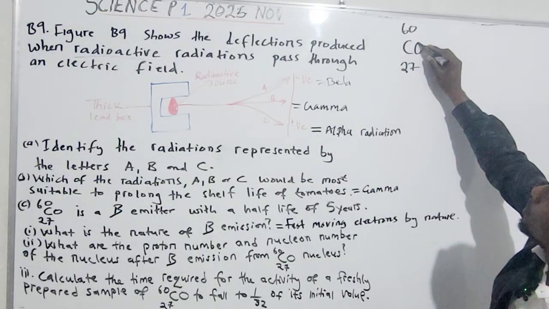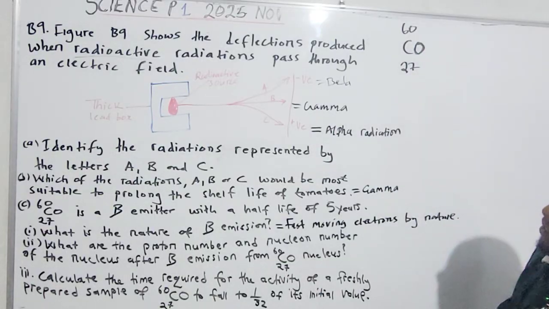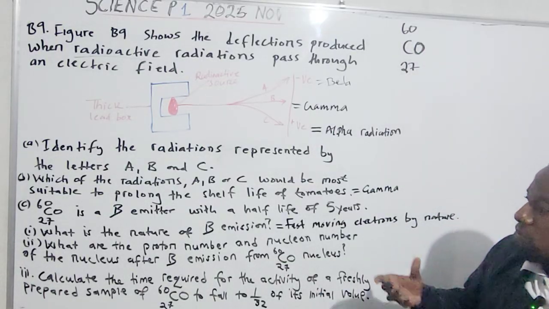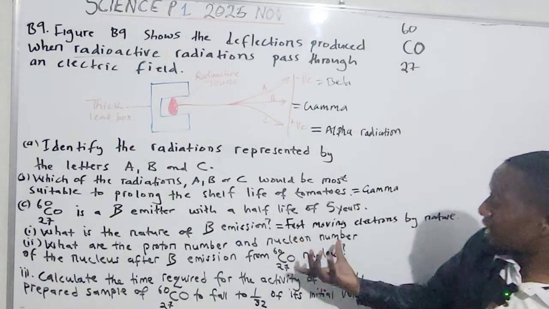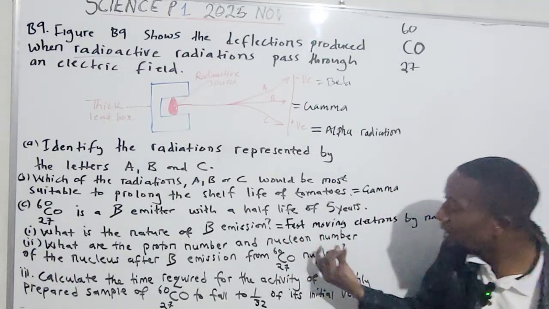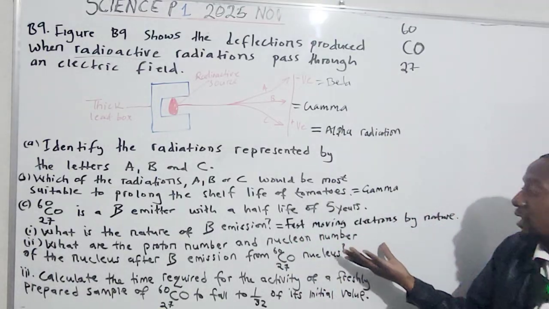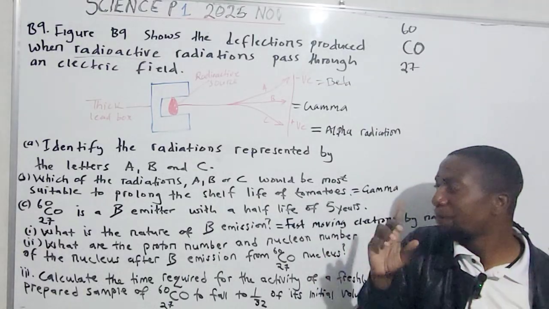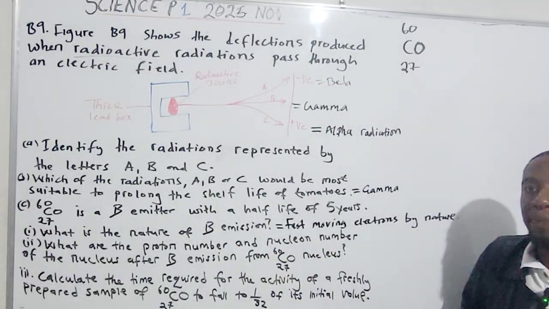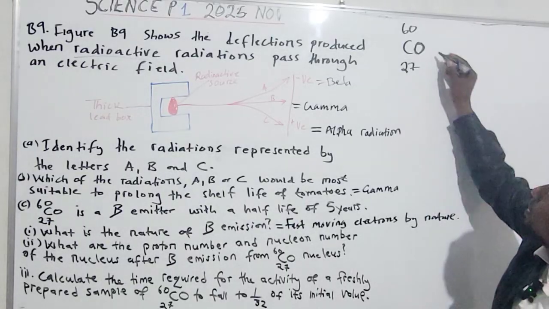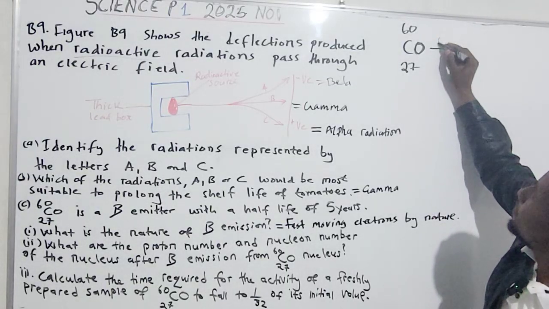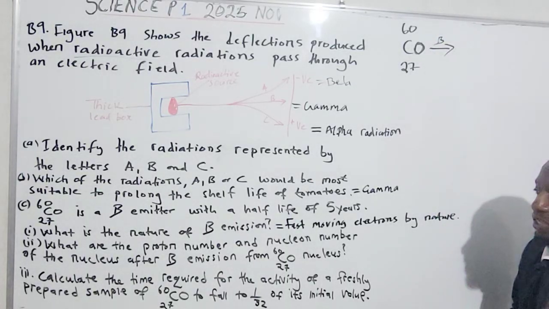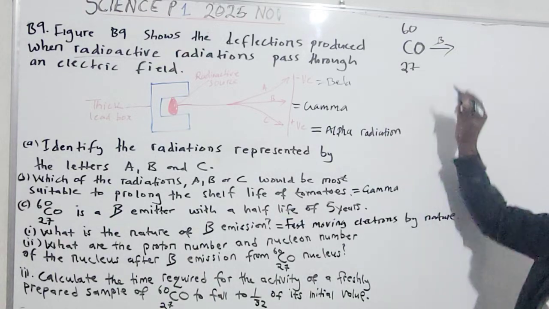Okay. So this is the cobalt they have given us. Now they want us to write the nucleon number, which is known as the mass number, and also the proton number after emitting a beta emission. When it emits a beta emission, what happens?